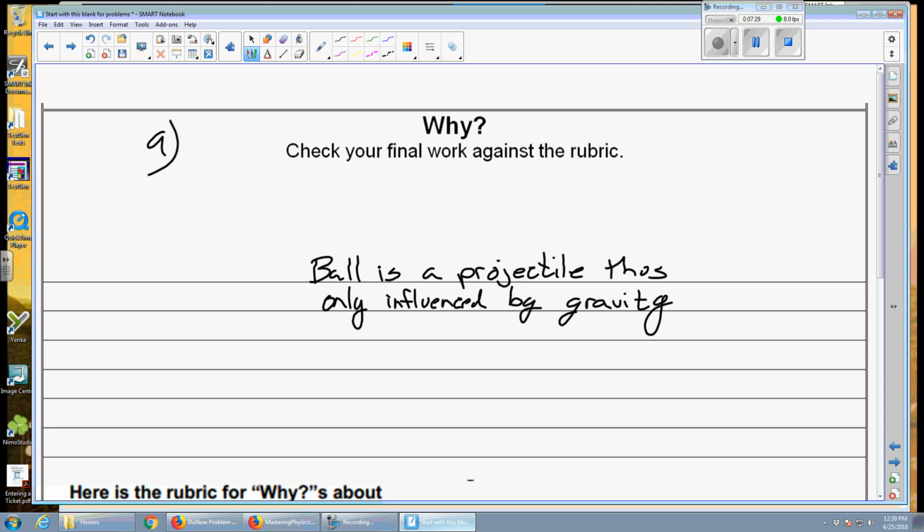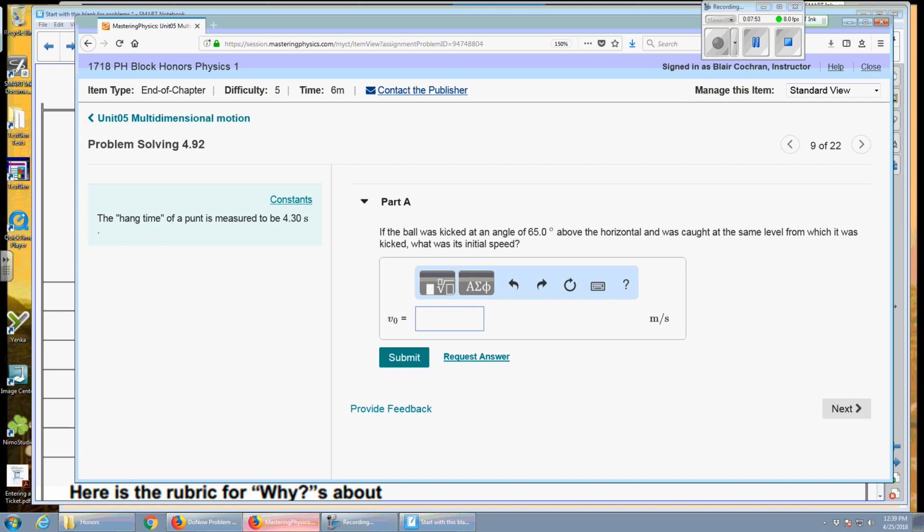I know the ball is going to follow a parabolic path like this, and its velocity here at the beginning is some velocity v, but I know it's at an angle of, what did they tell me, 65 degrees or something? 65.